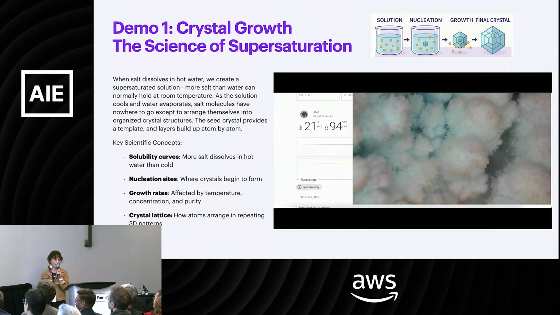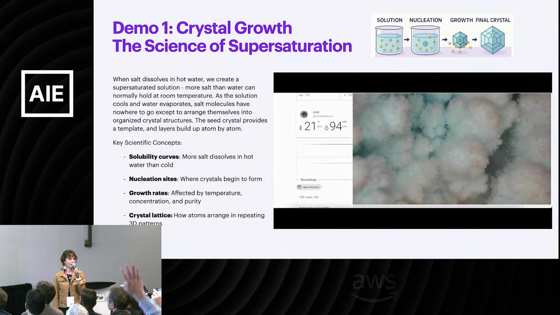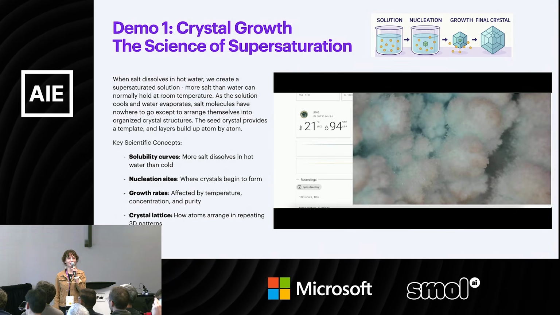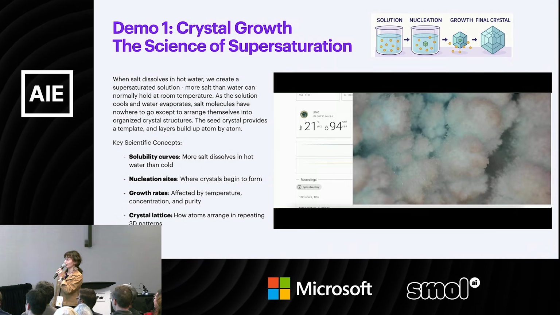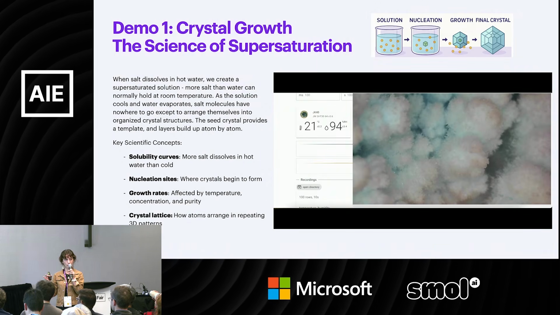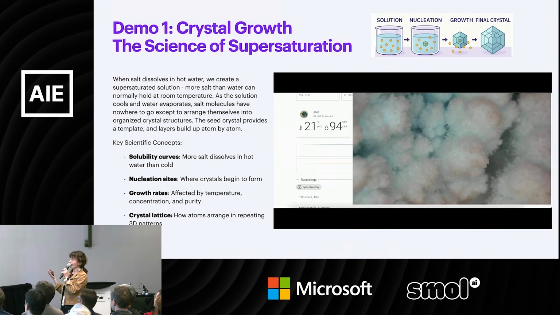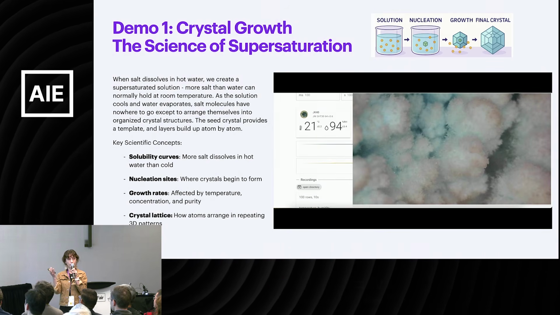For crystal growth, how many of you remember this from chemistry? Okay, that's awesome. So I don't need to go into great detail, but the principle is quite simple. You oversaturate the solution by adding salt in hot water, and then you slowly cool it off.